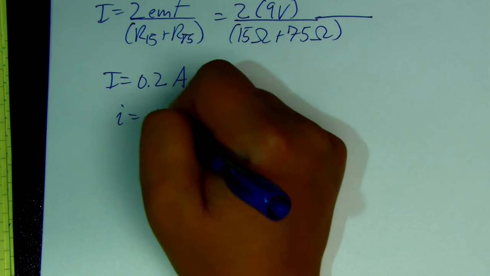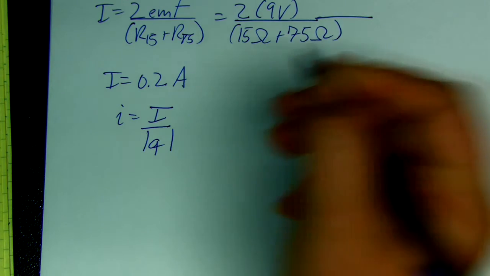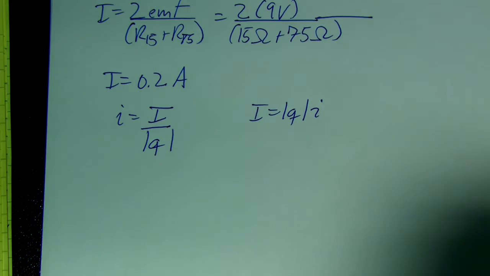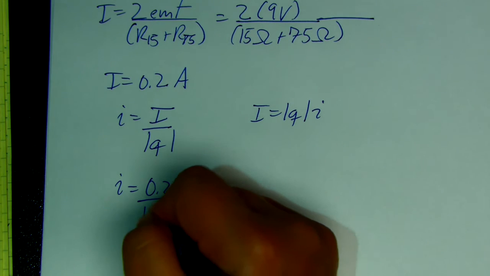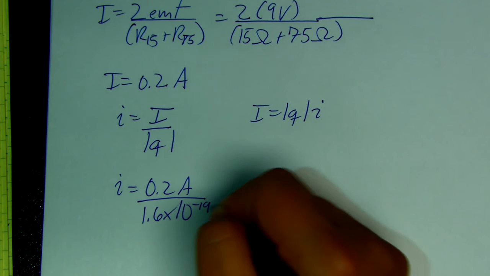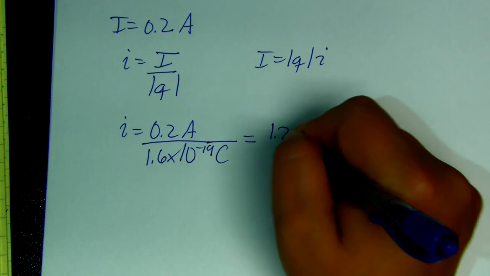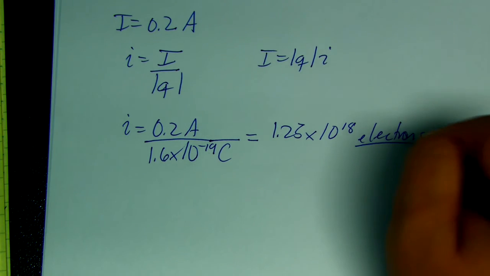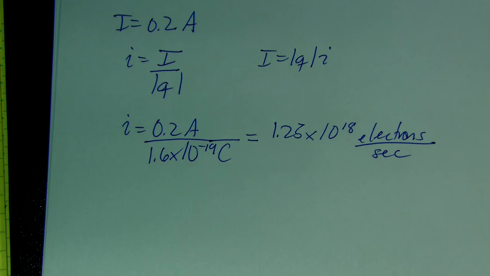And little i is equal to I over q, and this, of course, comes from I is equal to q i. And so we get that little i is equal to 0.2 amps over 1.6 times 10 to the minus 19 coulombs, which is equal to 1.25 times 10 to the 18 electrons per second. Okay, so now we've calculated the amount leaving per second.